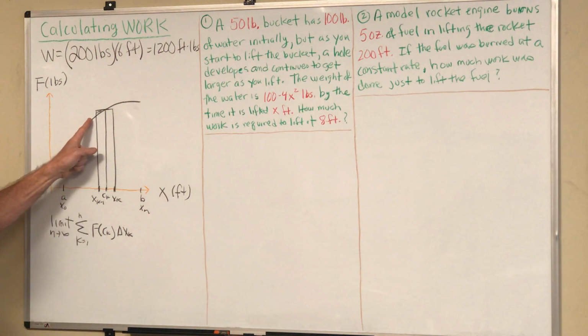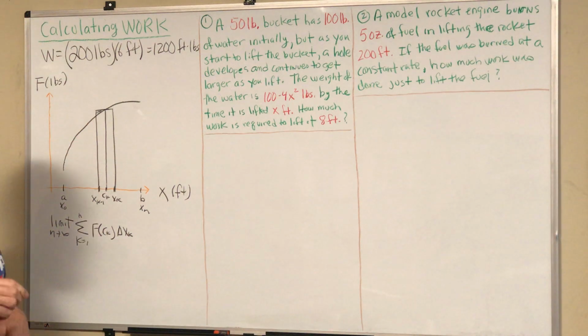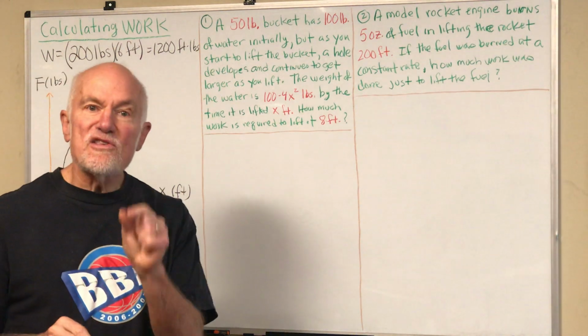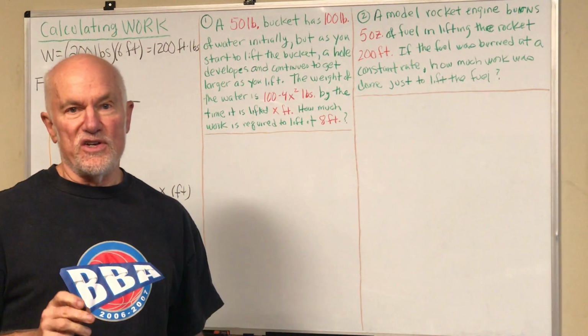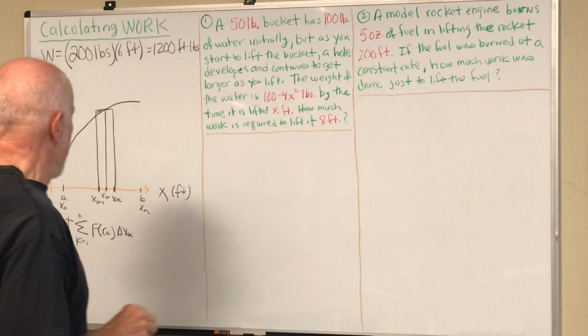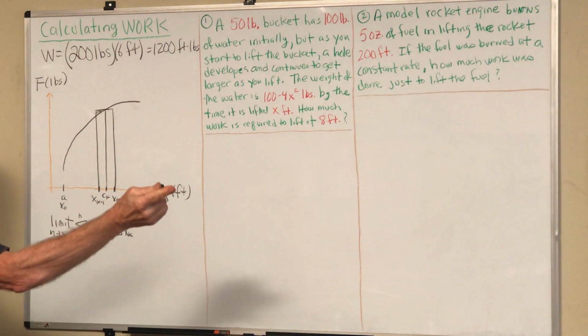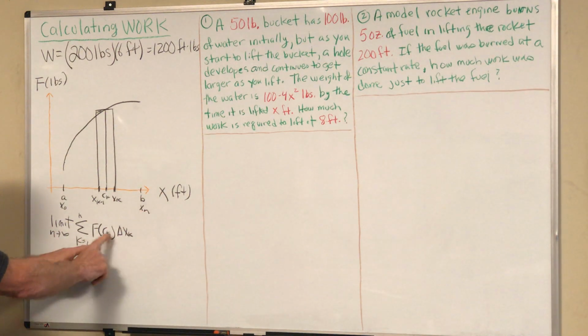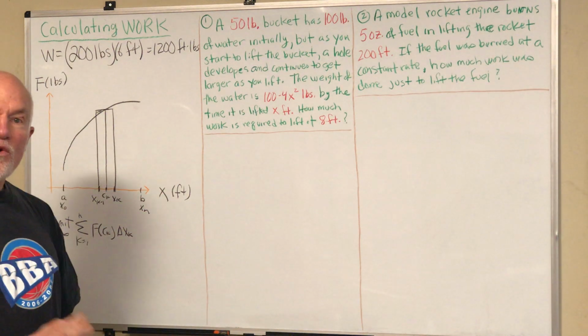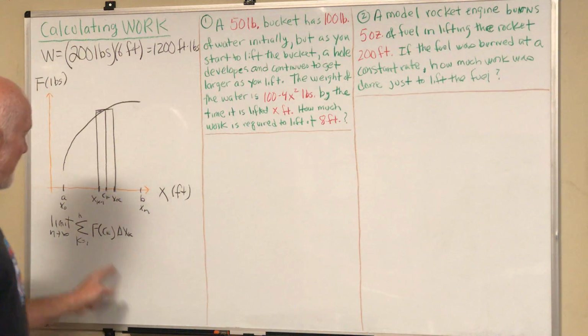That way, we're taking an infinite number of forces times really, really small changes in position or distances. And what do we find? We have an infinite Riemann sum, exactly in the form we've defined it.